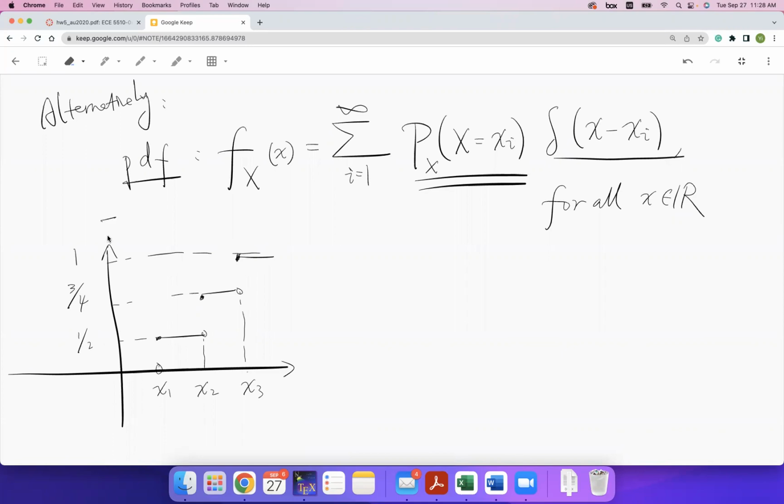Okay, suppose this is a CDF function. And apparently it is not differentiable at these discontinuity points, but we can introduce the delta functions. Let's try to sketch the corresponding PDF function by using the delta functions.